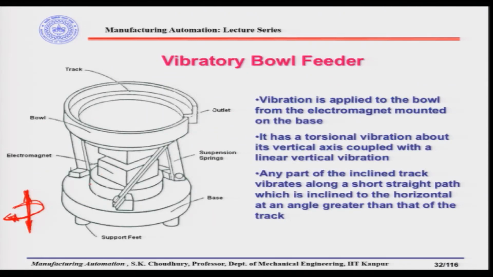In the suspension spring, the spring constant and the angle, these two factors will define how the vibration will be imparted. These vibrations are the torsional vibration about its vertical axis coupled with a linear vertical vibration. So, this will depend once again on the suspension springs and the electromagnet.